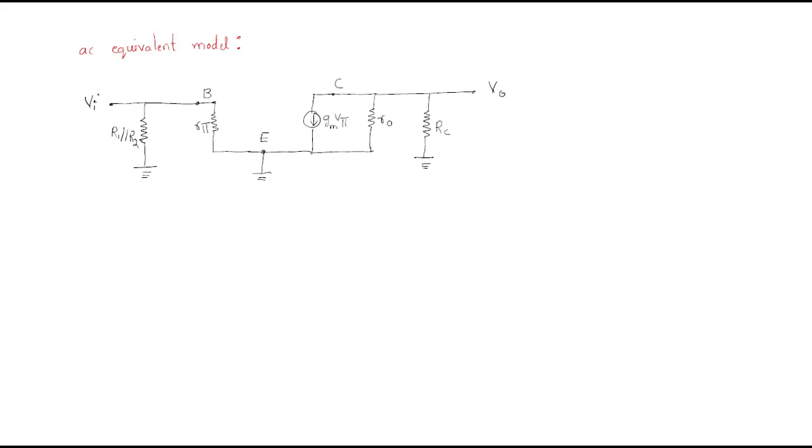We have the input, and R1 and R2 are two resistors connected in parallel, and it is a pi network. That's why we are using R pi. The emitter is connected to ground, and gm·Vπ is the collector current, shown as a dependent current source. This is the collector element. The collector has Ro. What is Ro here? Ro is nothing but the output resistance.